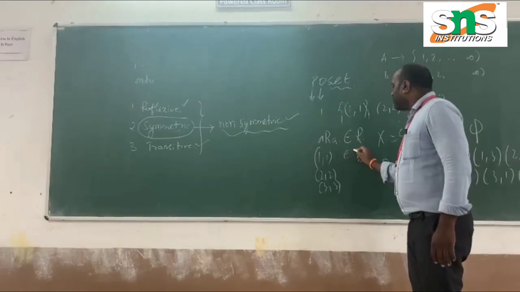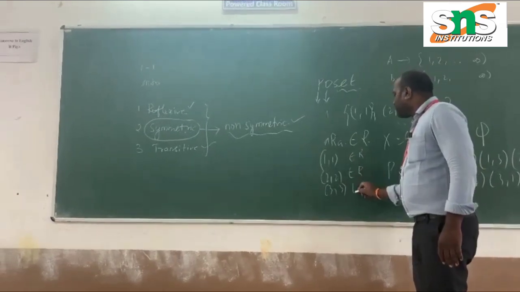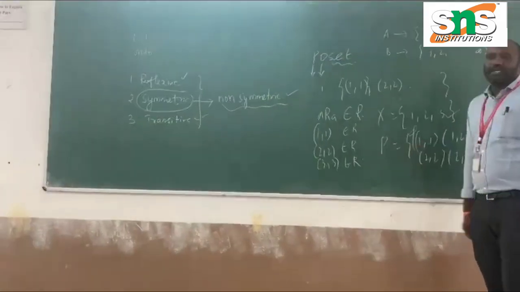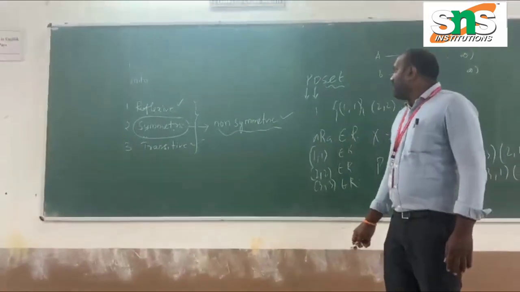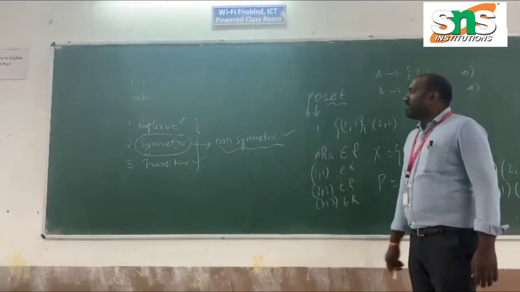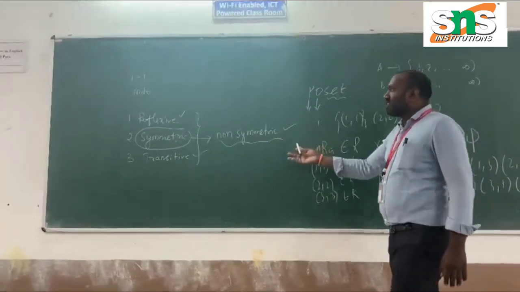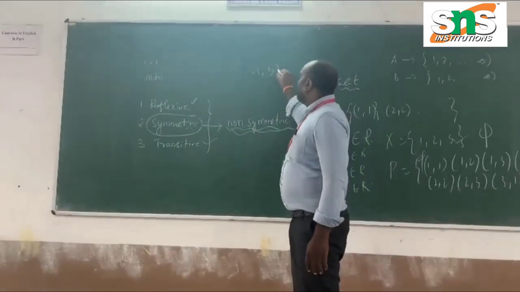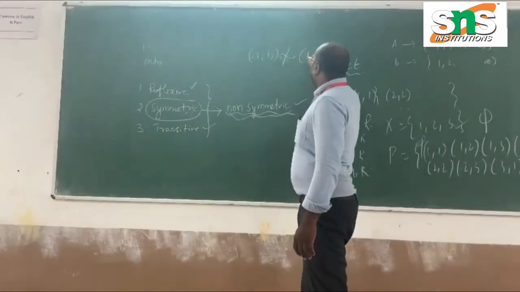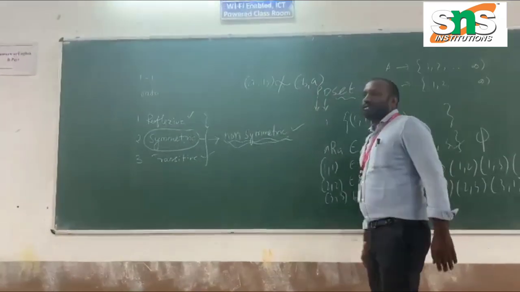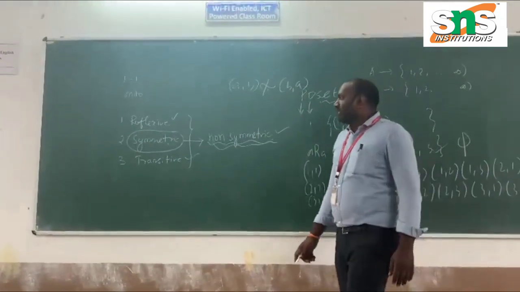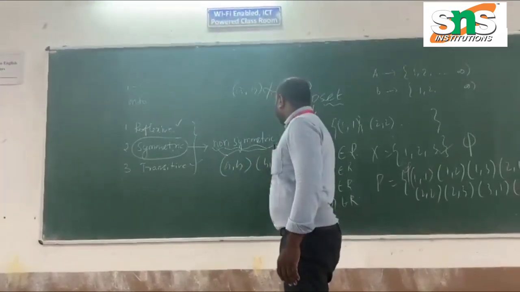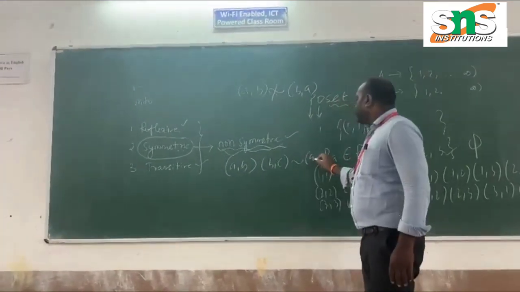In these conditions, the elements are all real numbers. In the set 1 to 3, it is called reflexive. The symmetric condition is not satisfied, so it is called non-symmetric: (A, B) does not imply (B, A). For transitive, (A, B) and (B, C) give (A, C).